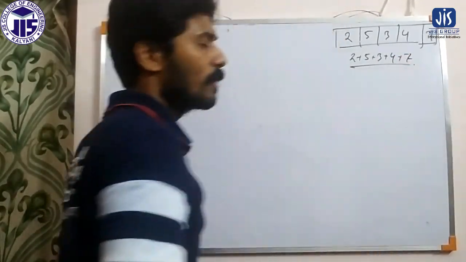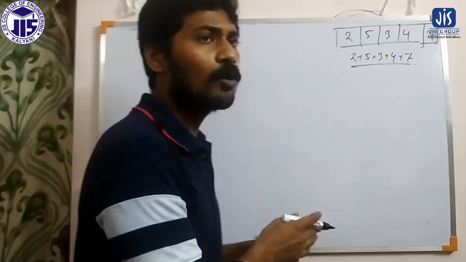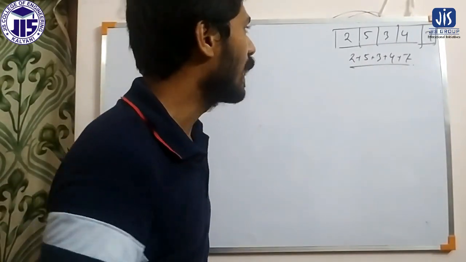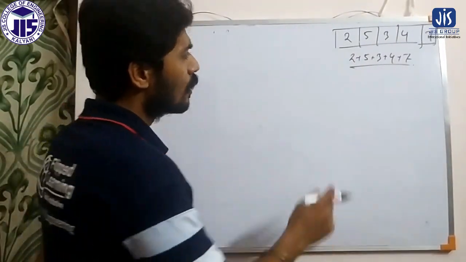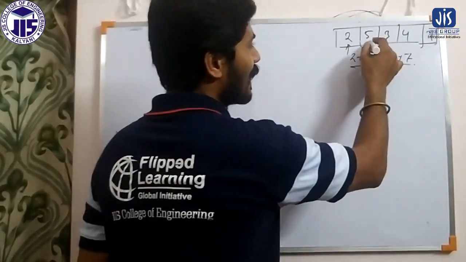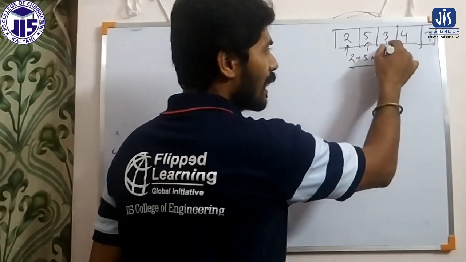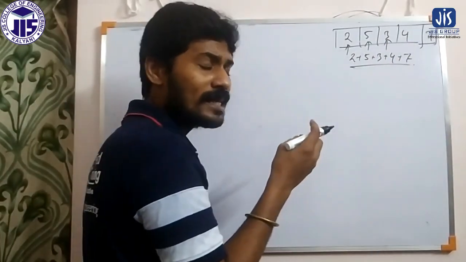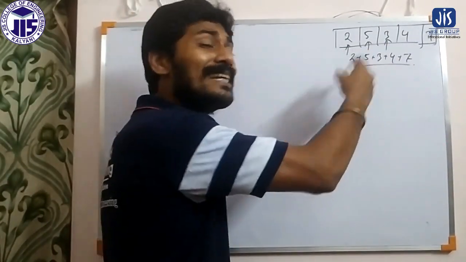So what is the logic behind this program? If I take the first element, then add the second element to it, then add the third element, then in this addition operation also we are gradually changing the position.